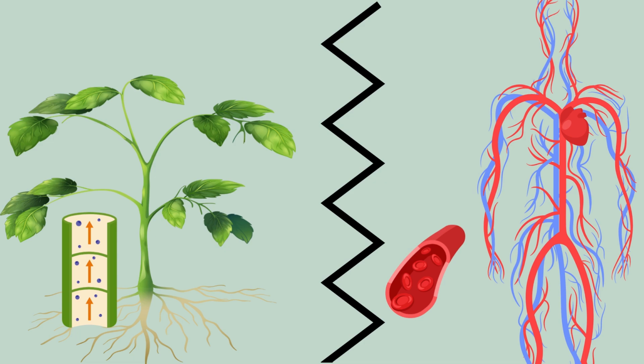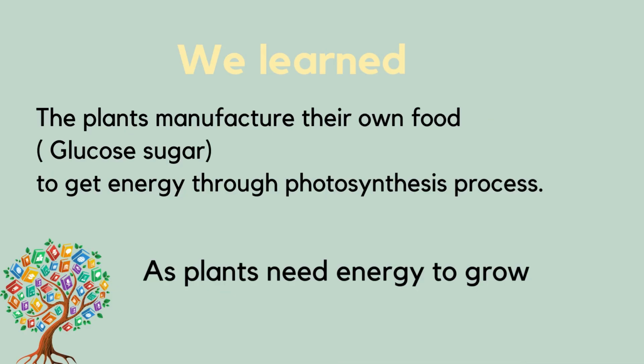Let's start our lesson. We learned before that the plants manufacture their own food, which is, yes, glucose, sugar. And this is to get energy through the photosynthesis process. So the plant needs energy to grow.